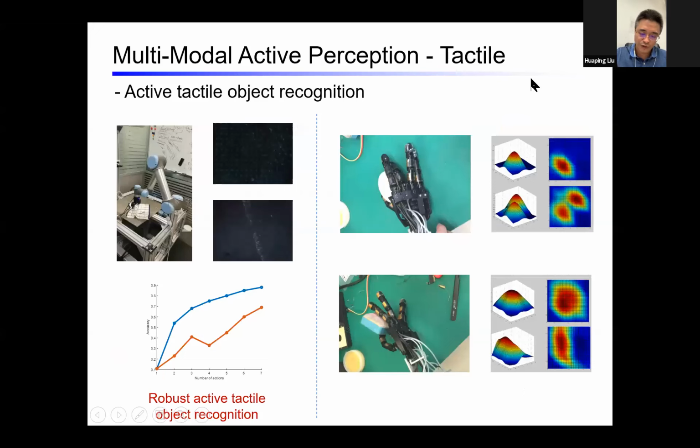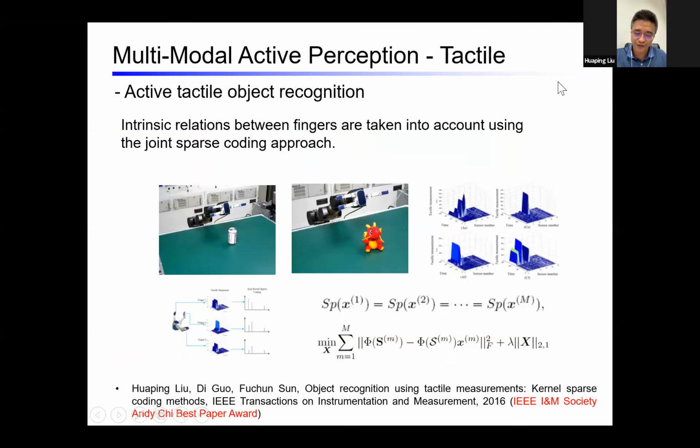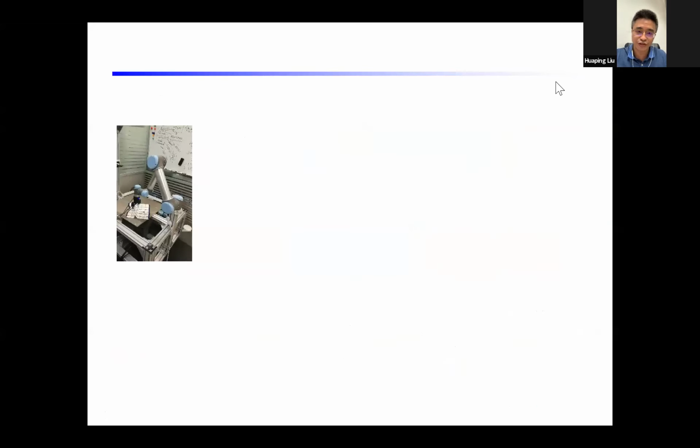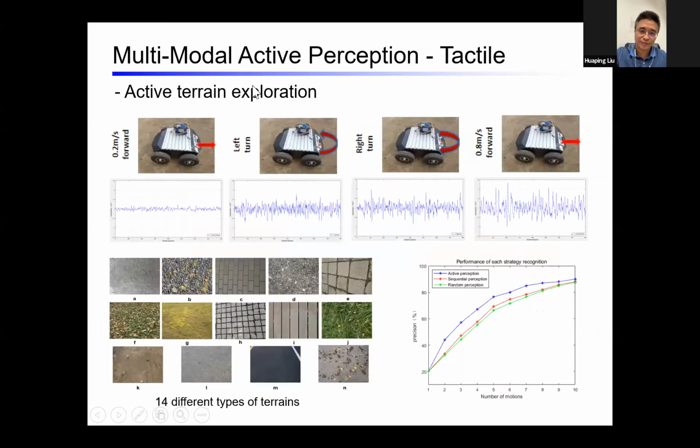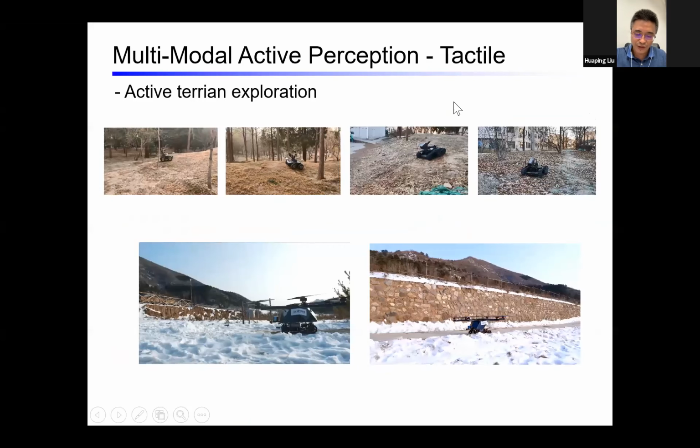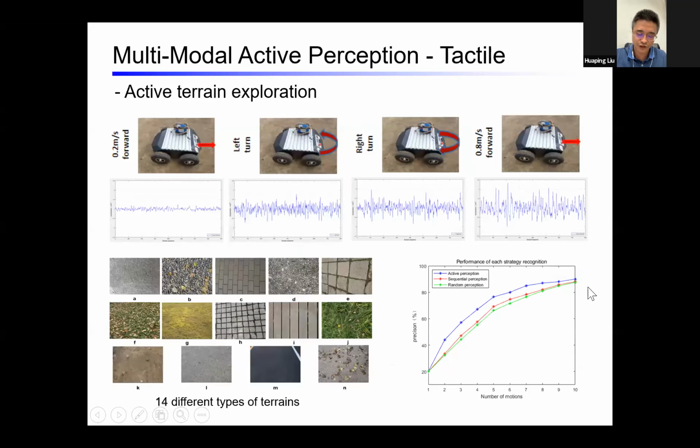The active tactile perception also can be applied in active terrain exploration. The mobile robots can successfully explore and recognize the terrain by using interactive vibration information.